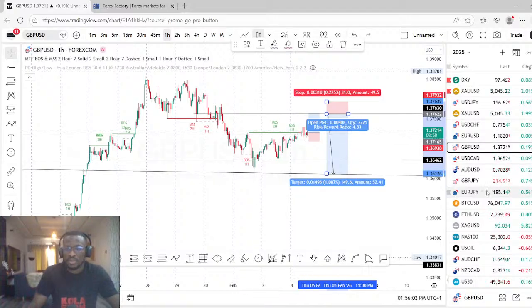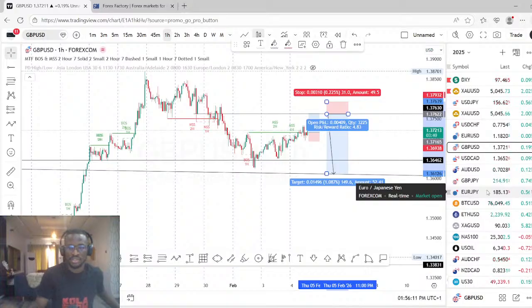Alright, so another pair I'm going to be looking out for is USD JPY. So let's look at USD JPY and see what the market has got going on.